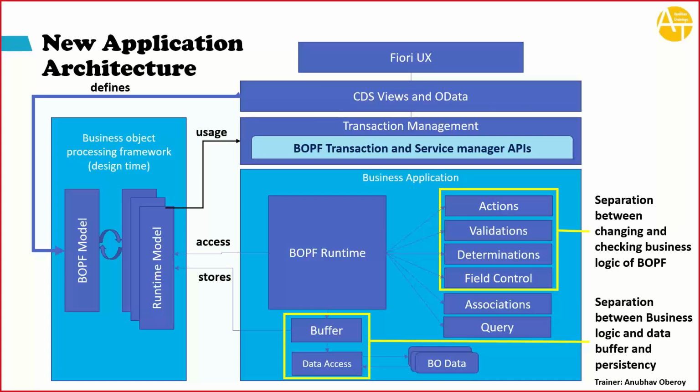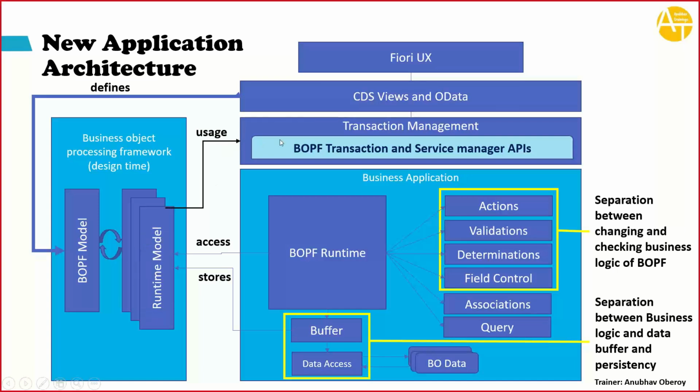This business object will be instantiated by the Transaction Manager API. So now you define a business object, and the framework will automatically create the runtime model. This runtime model will have all the necessary implementation to read, update, delete data, which is then used by the BOPF runtime framework. This runtime model has all the implementation code generated automatically.